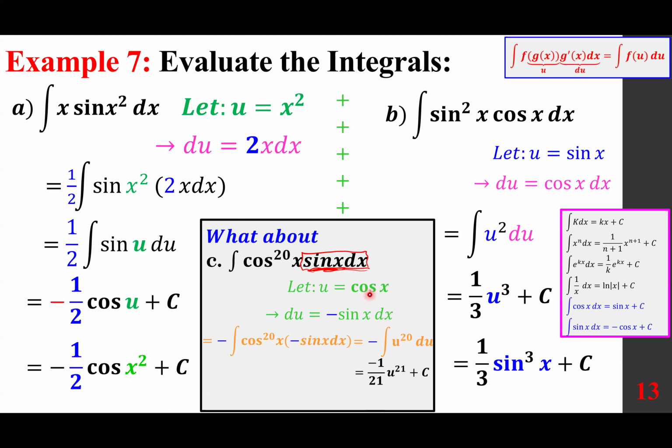You replace the u with cosine x, you get negative 1 over 21 cosine to the power of 21 x plus a constant as the final answer. So that's how we do indefinite integrals involving substitution rule.